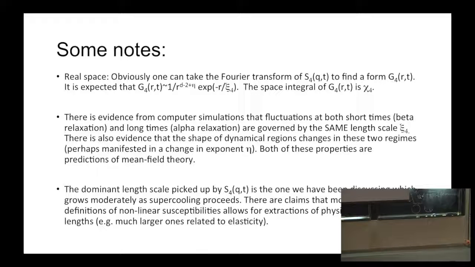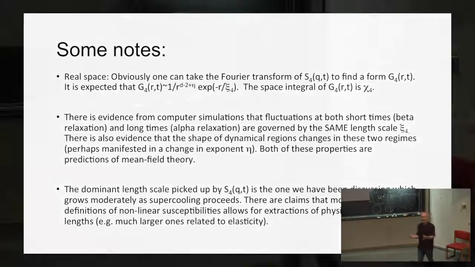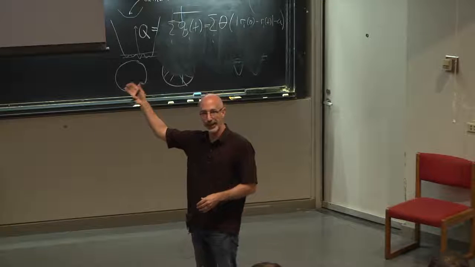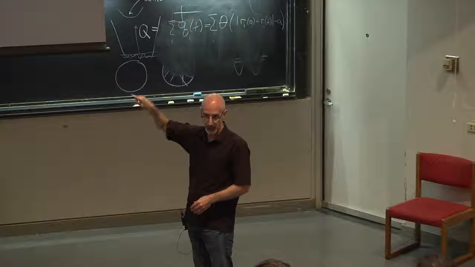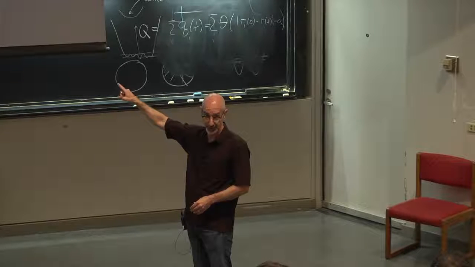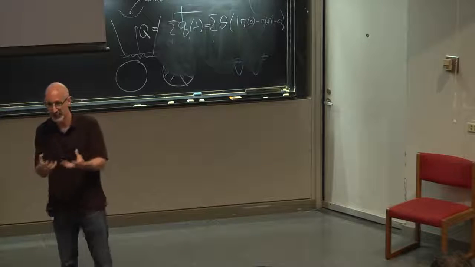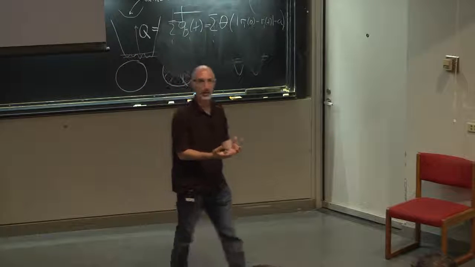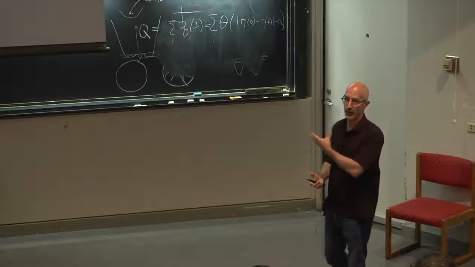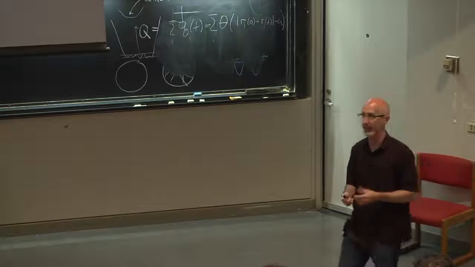There is some evidence from computer simulation that if I look at relatively short times, which we normally just associate with the vibrations of the system, the same growing length scale that governs the behavior at the alpha relaxation time is governing the growth of the susceptibility at this very short time scale. So the vibrations in the system that are associated with the modes aren't just uncorrelated vibrations. They're correlated in some way that's reflecting the correlation of the relaxation of the liquid on longer time scales, which is interesting and important.